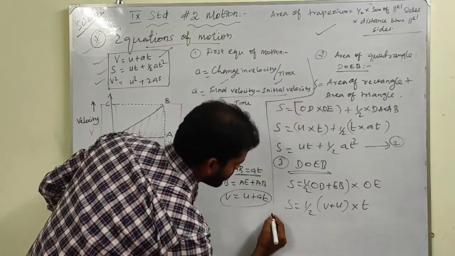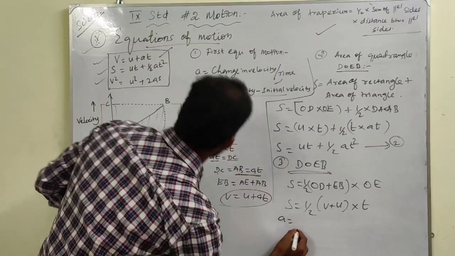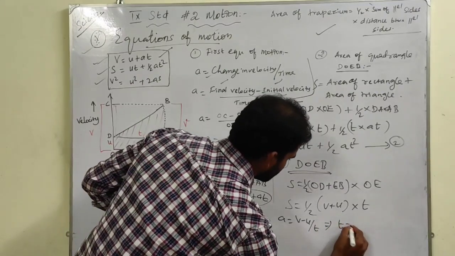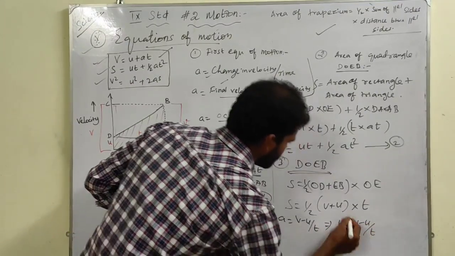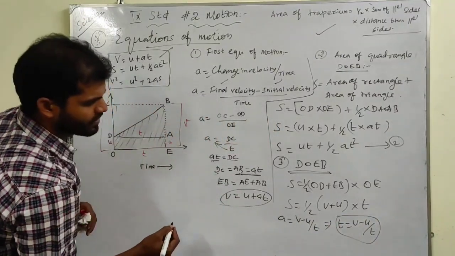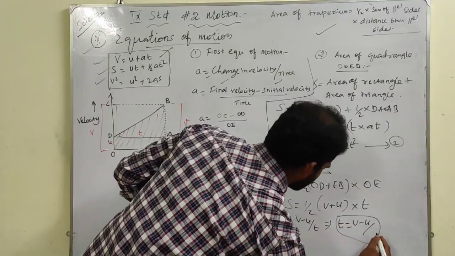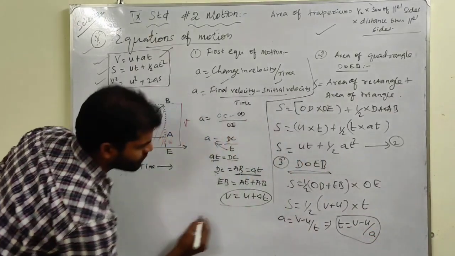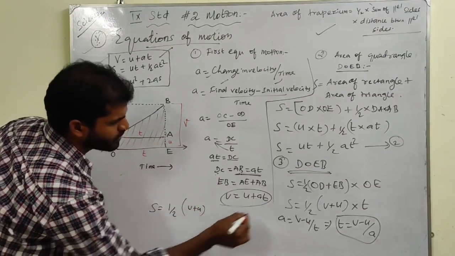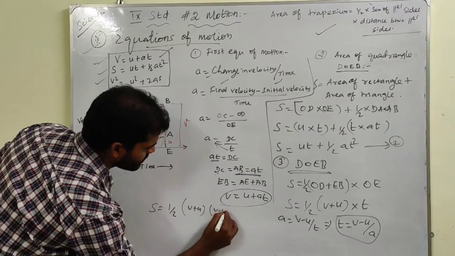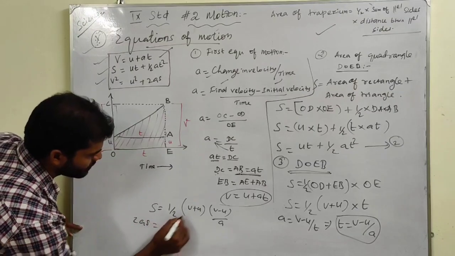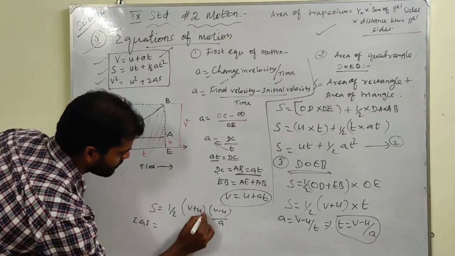We know the formula for acceleration: A is equal to V minus U by T. So I need to take T, right? So T is equal to V minus U by A. Substitute that: instead of T I can substitute V minus U by A. So S is equal to 1 by 2 into V plus U, into V minus U by A. Take that to this side: 2AS is equal to V plus U into V minus U, right?